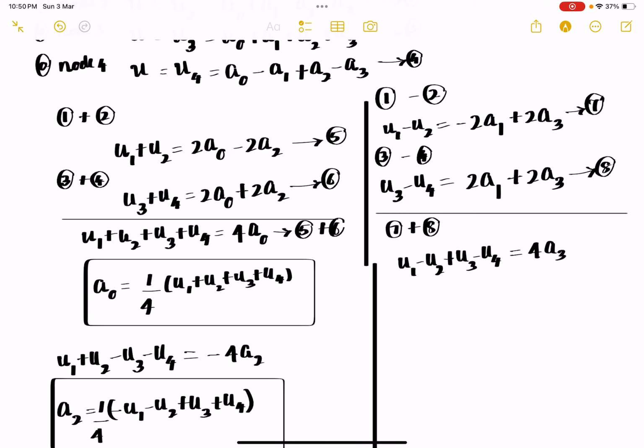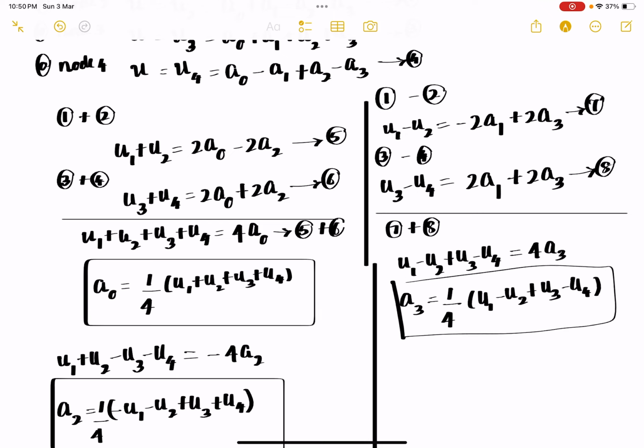So this gives me the value of A3 as 1 by 4 into U1 minus U2 plus U3 minus U4.